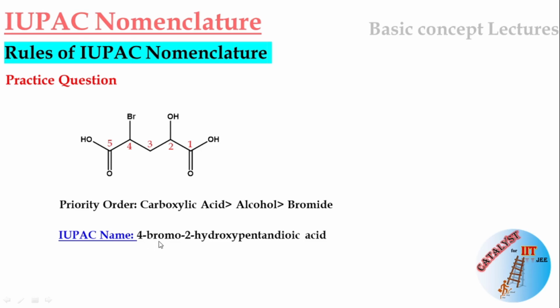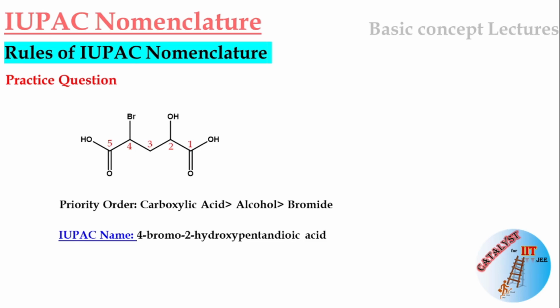So bromine and alcohol will be named as prefixes, and oic acid will be added as the suffix. Now, the carboxylic acid is present twice in this structure, so that's why we have added dioic acid, and B comes before H alphabetically, so that's why 4-bromo 2-hydroxy pentanoic acid is the correct IUPAC name for this question.